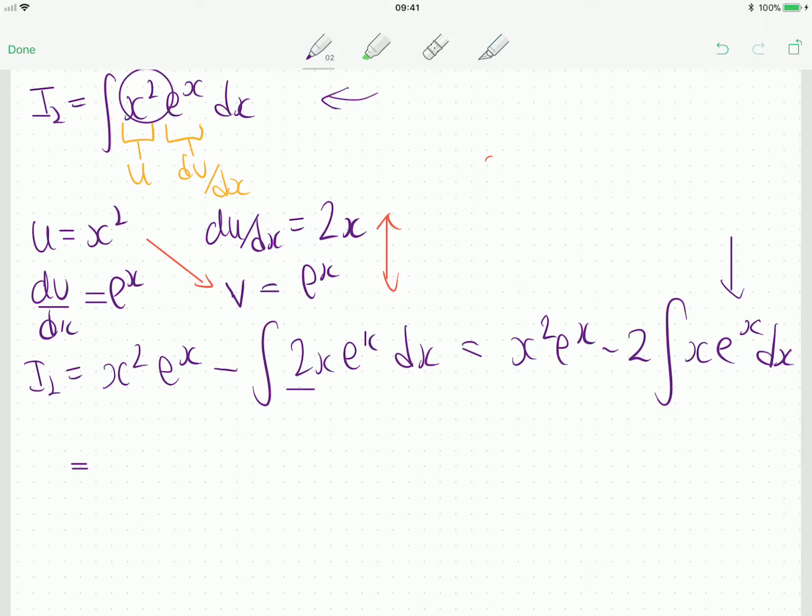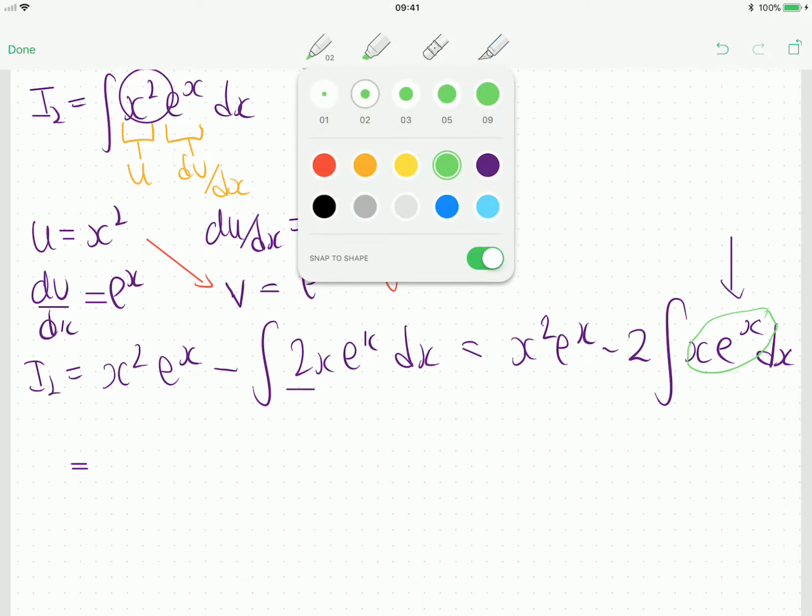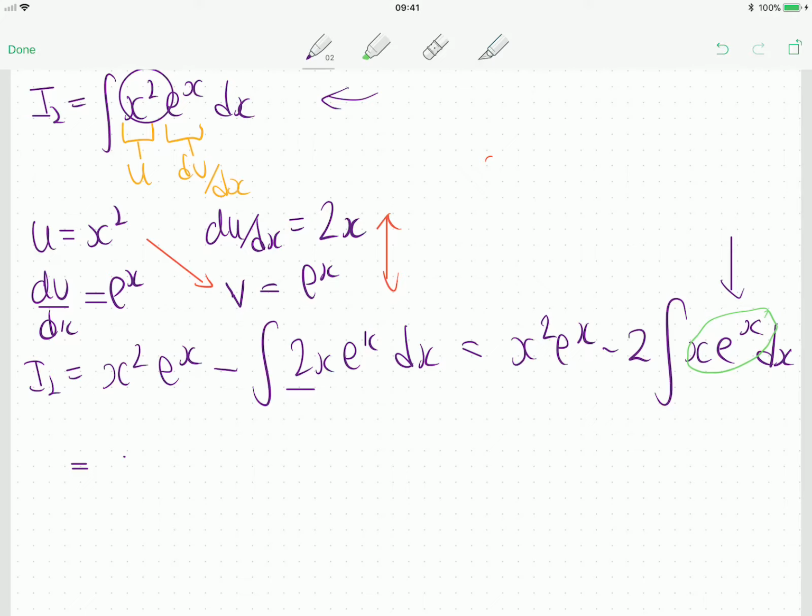Well, we could do parts again in here. There's a product, there's an x, this is going to work quite well. Actually, we've already done this one. This is like our integral I1. We already know the answer to that. We just saw it. The answer was x e to the x minus e to the x plus c. For the moment, I'll close it there, and then I'll add my c on at the end.